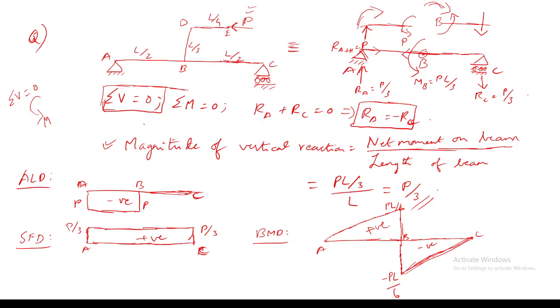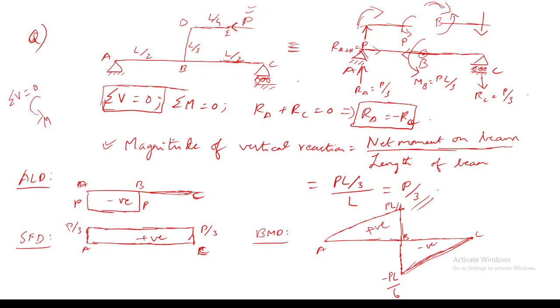Sir, since we have a compressive load in part AB, won't we have any reaction like tensile on part BC? No, actually point C is a roller support, so it is free to move. So we won't have any compressive load in part AC.